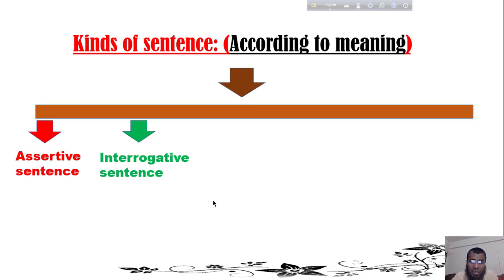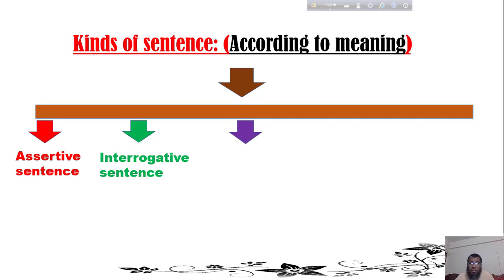To ask something, to inquire, for knowing something, we ask someone. So the sentence by which we ask something about someone is called an interrogative sentence. In a word, we can say the sentence which asks something is called an interrogative sentence, right?